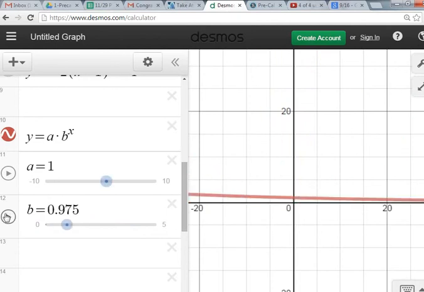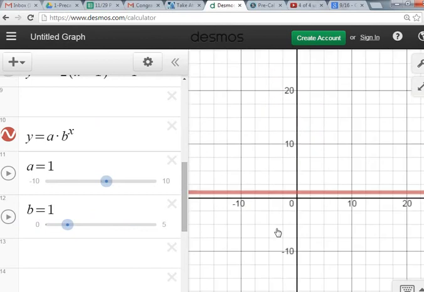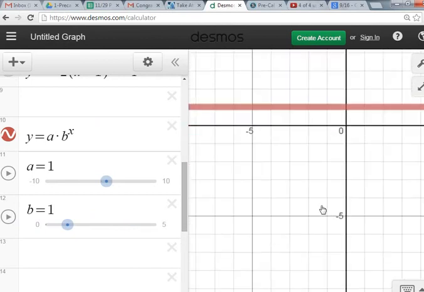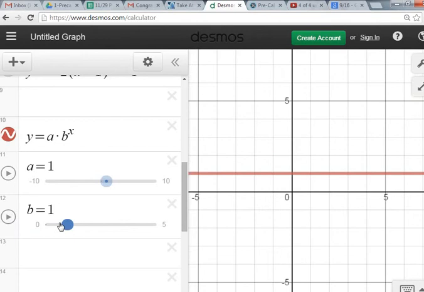When b, yes, at 1 is where, because what happens at 1? Well, what's 1 to the x power? 1. So it's going to be the straight line at y equals 1. You see that? But once it gets more than 1, it becomes exponential growth. Once it's less than 1, it becomes decay.